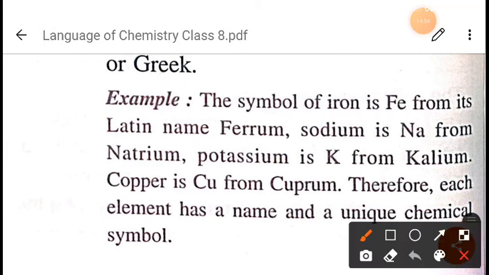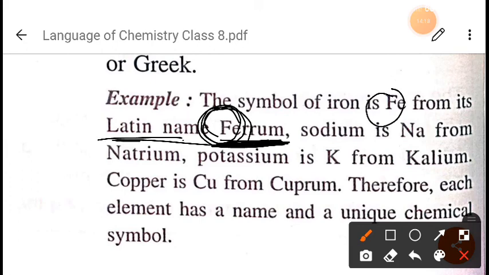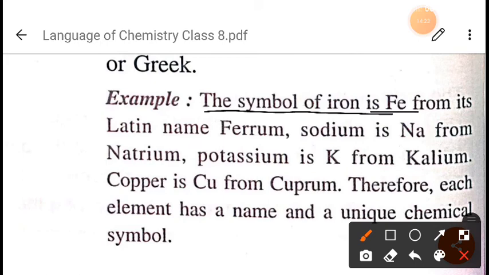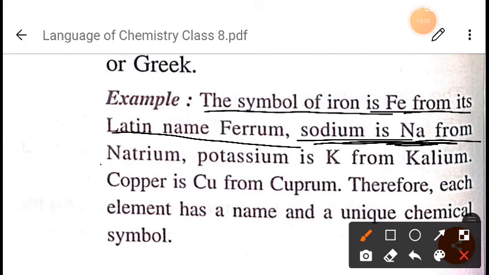It has been represented with its Latin name ferrum, FERRUM. For the first two letters we are using Fe. For iron we are using Fe, which is from its Latin word ferrum. In the same way, sodium has the symbol Na from its Latin name natrium.